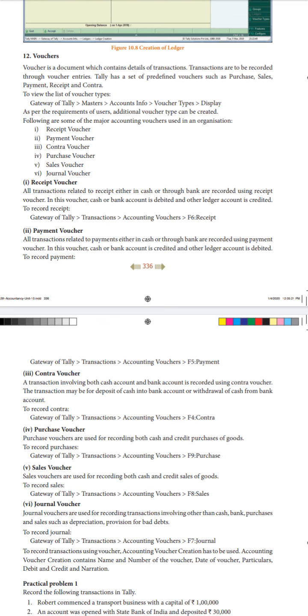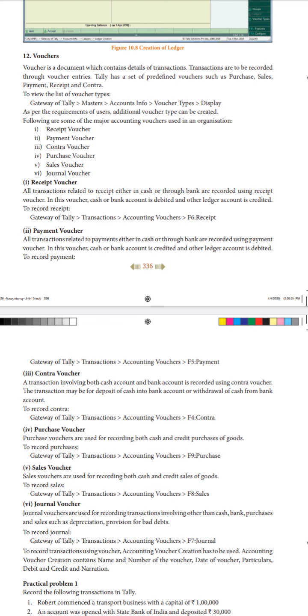If we have to view these voucher types, then click on Gateway of Tally, Masters, Accounts Info, Voucher Types, Display. Okay, if any company needs a few more or additional voucher types, in that case the voucher types can also be created. So instead of display we will click on create.